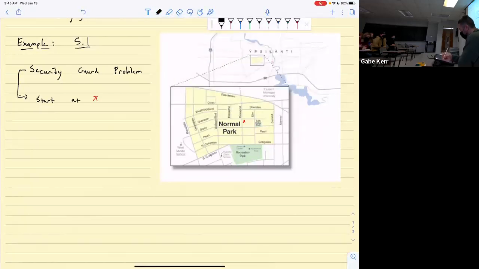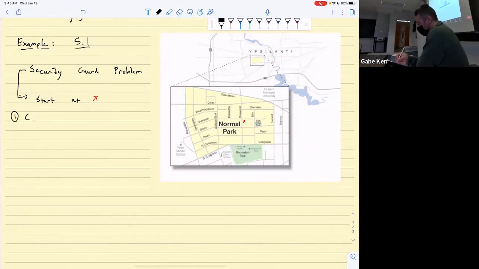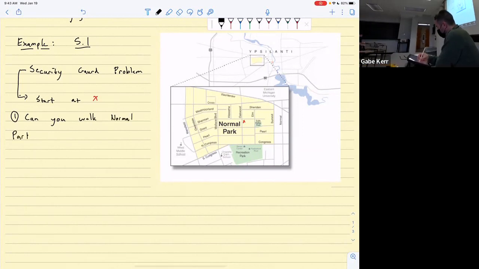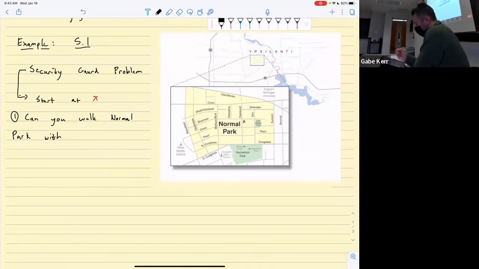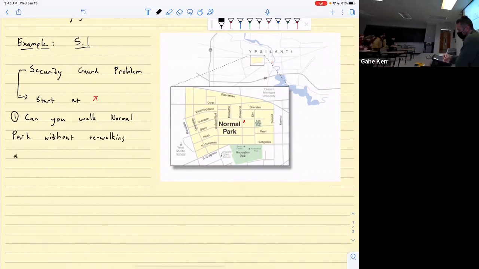And then what do we want to do? We want to ask the following questions. Can we walk the neighborhood, Normal Park, without rewalking any block?